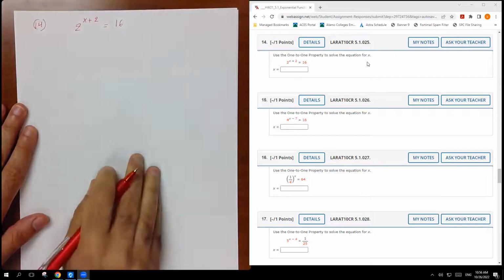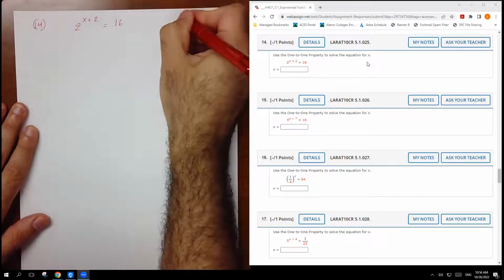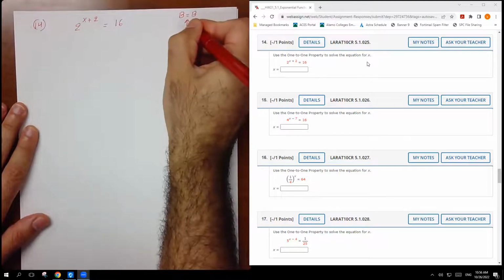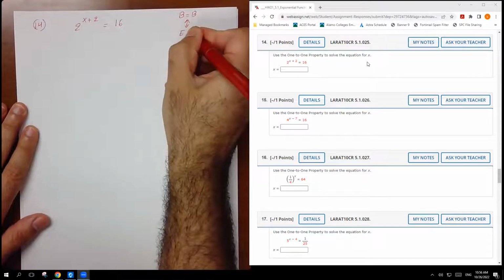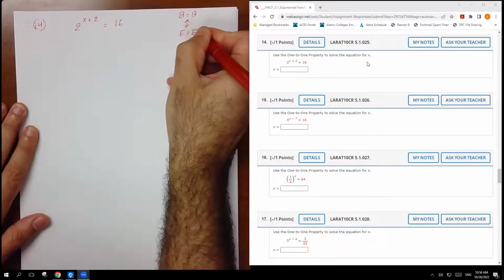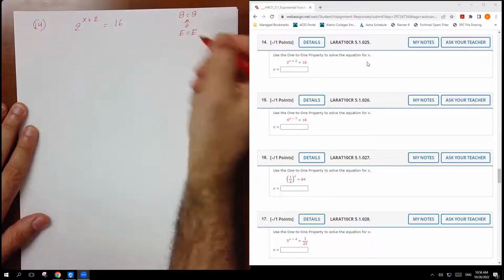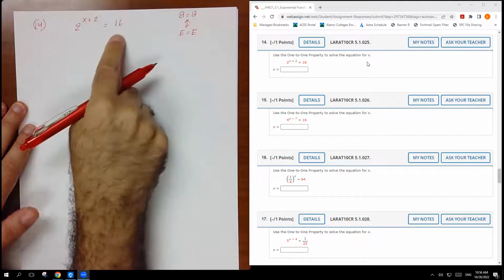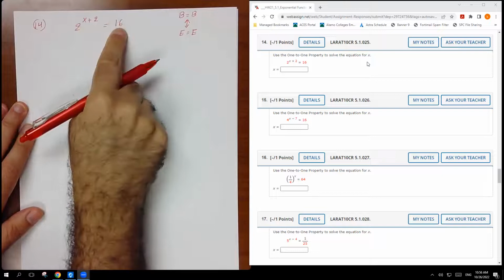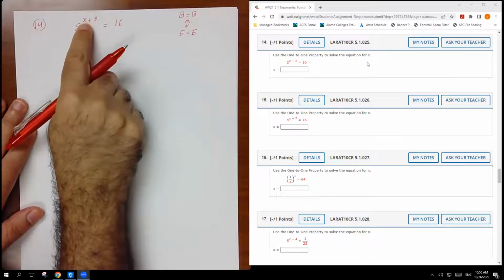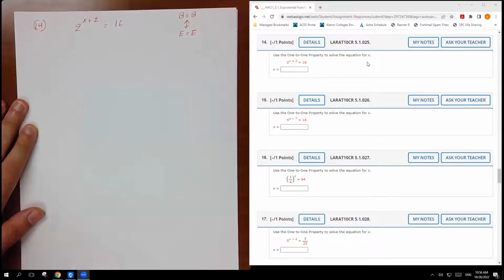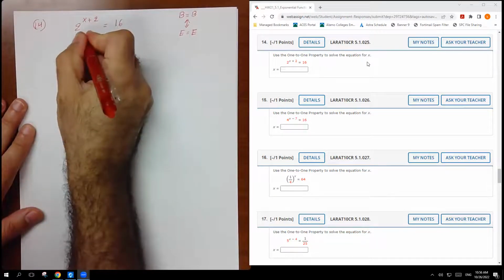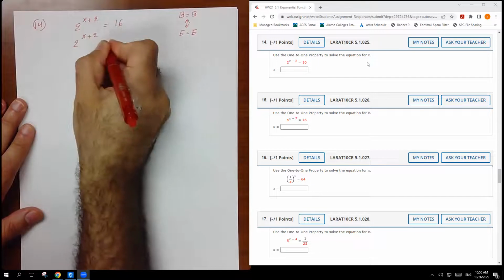The one-to-one property means if you have equal bases, that means you have equal exponents. So what we're going to do here, I need to get equal bases because I need to find the value of x, and x here is on the top as exponents. So here is 2 to the x plus 2 equal.